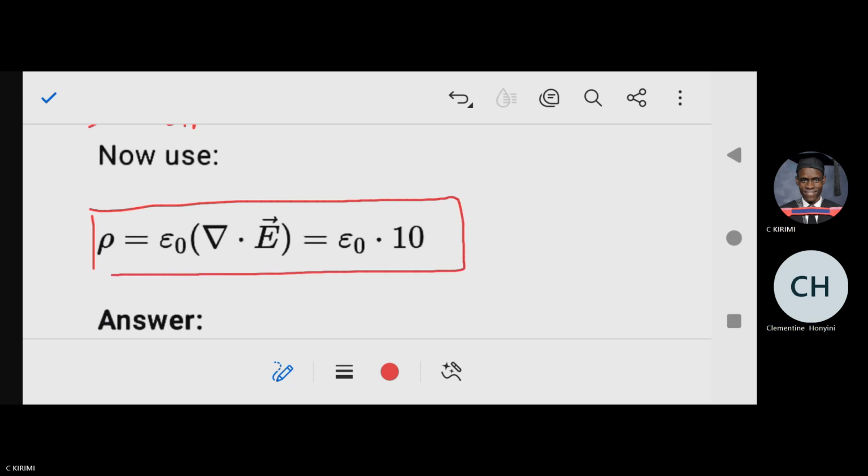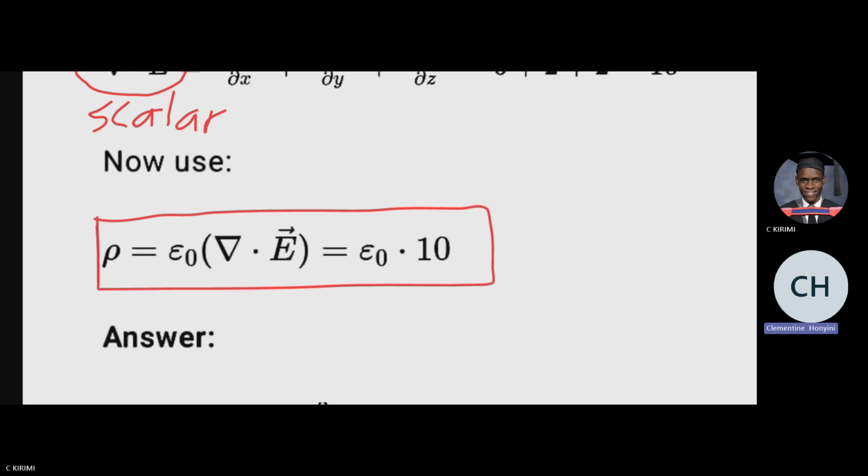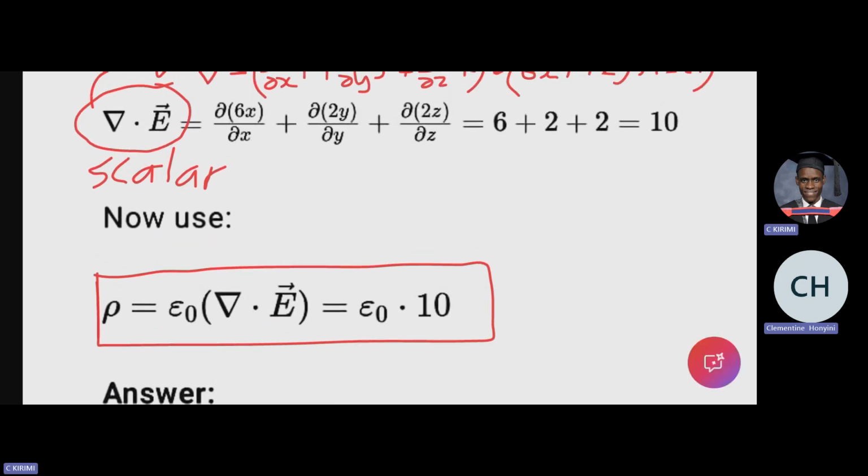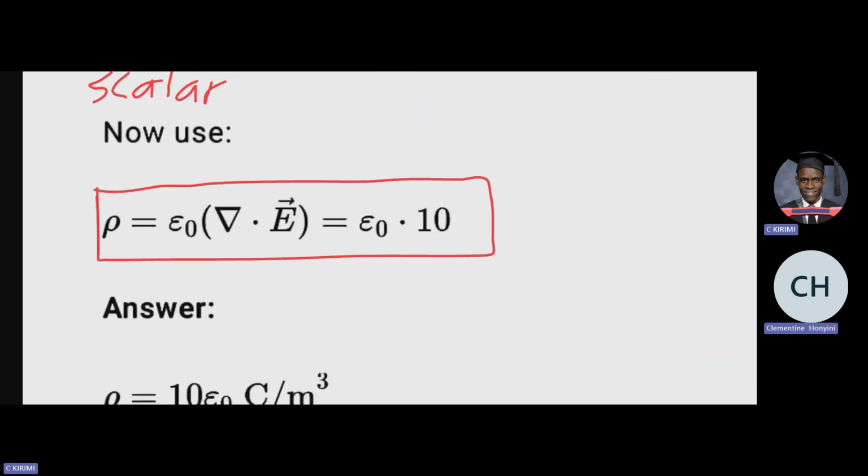Any questions there? Is the epsilon not having a value? Epsilon naught is a constant. It has a value, it depends on the constant that will be given.